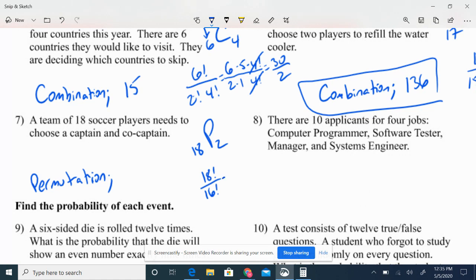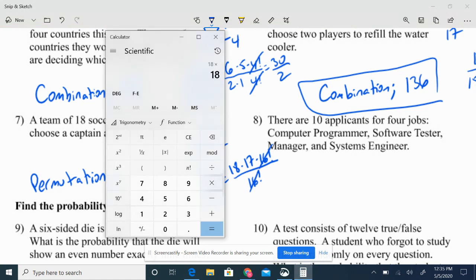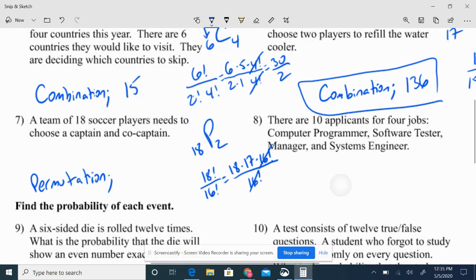Now, what's 18 factorial? That's 18 times 17 times 16 factorial. I already have a 16 factorial at the bottom, so those cancel out. Now, 18 times 17. Let me see. 18 times 17 is 306.